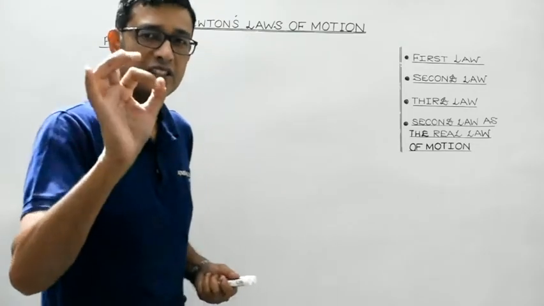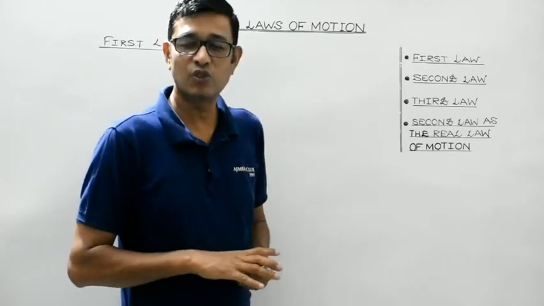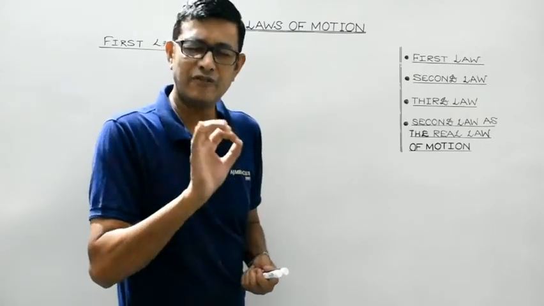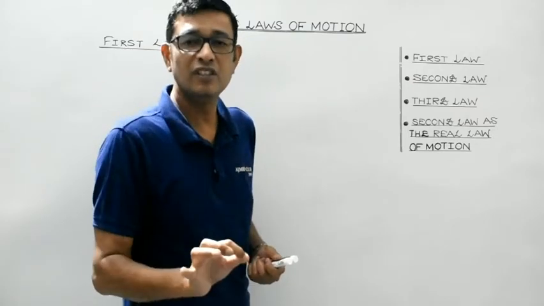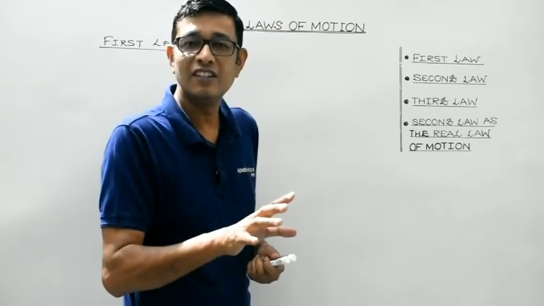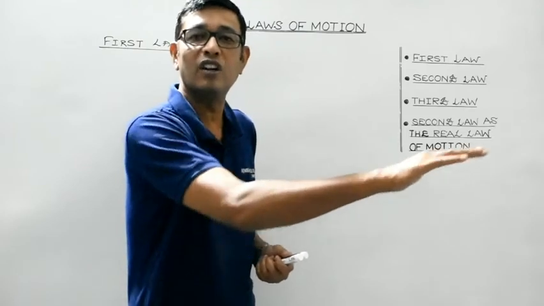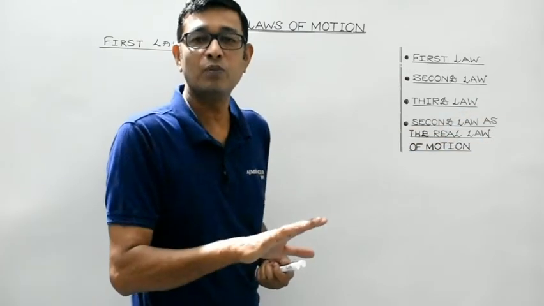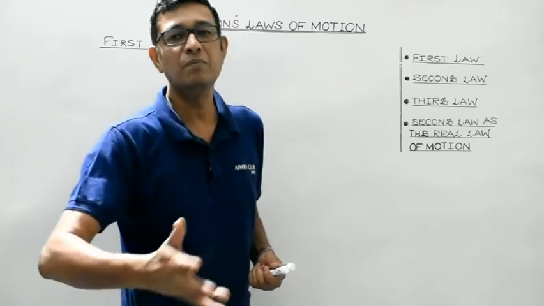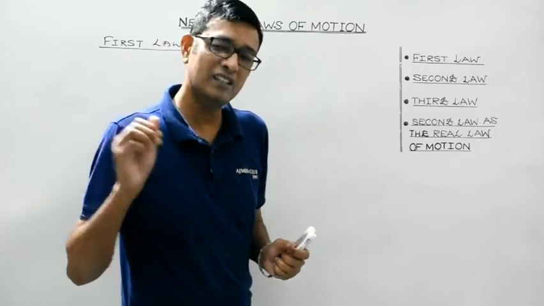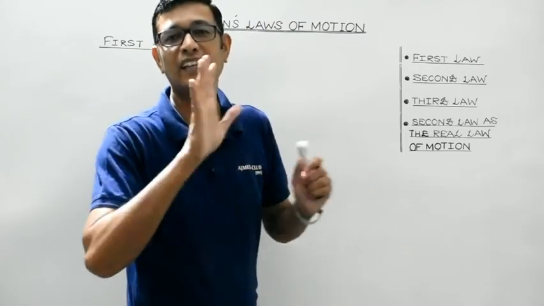So, what is the statement of the first law of motion, students? Every body in this universe tends to remain in its state of rest or of uniform motion along a straight line unless it is acted upon by some external unbalanced force. So what it means is, if a body is at rest, it will keep on lying at rest.